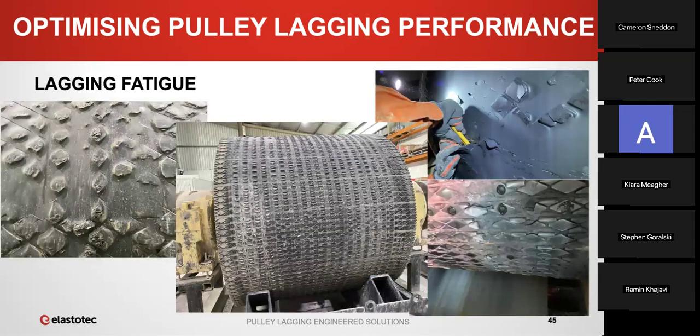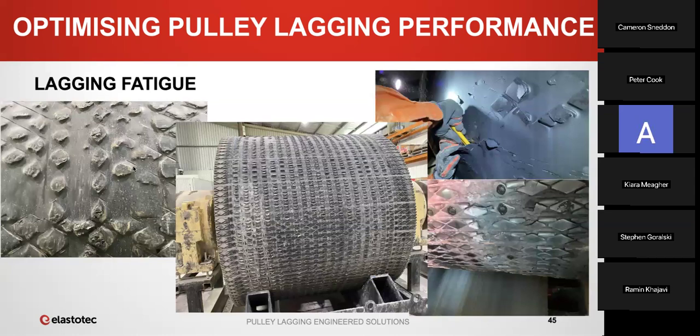The last form of failure mode that we will look at is lagging fatigue. You can see in these photos that they are all rubber lagging, but you can get lagging fatigue on ceramic lagging.